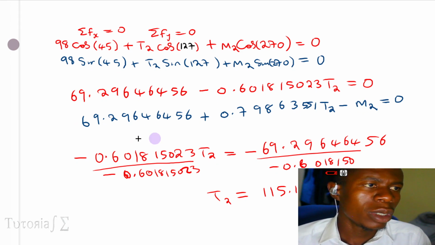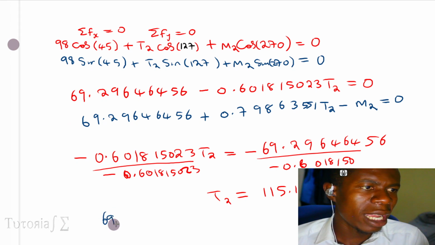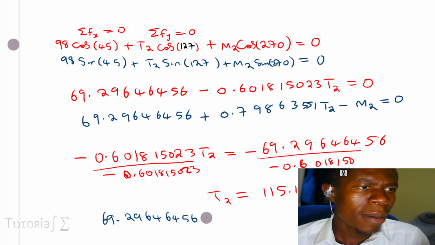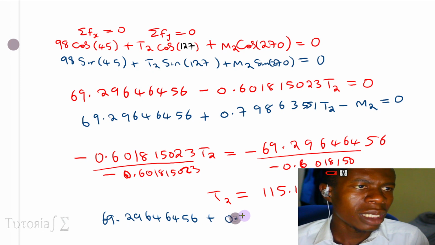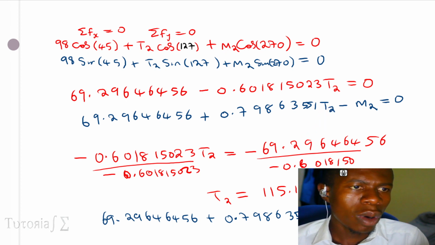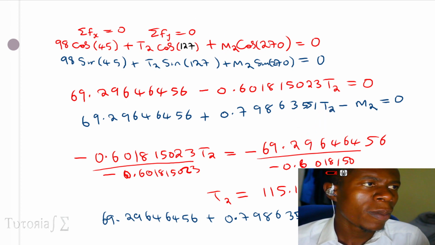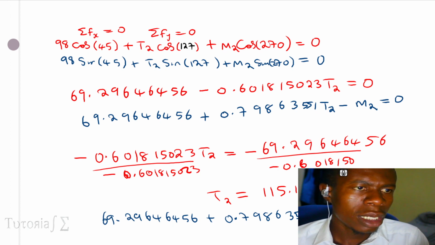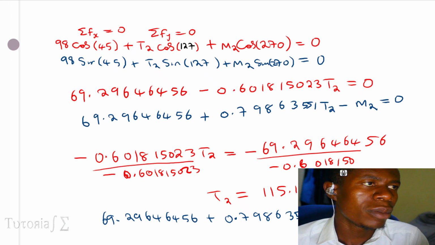So what I'll basically do is this would be 69.29646456 plus 0.79863551 times T2, which is 115.14. We can transpose this side. This becomes equal to M2.